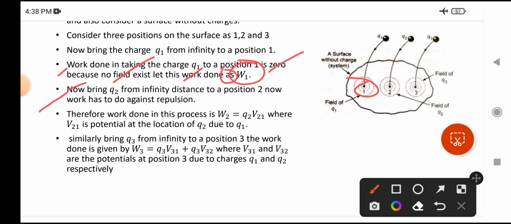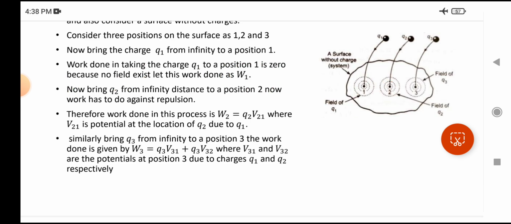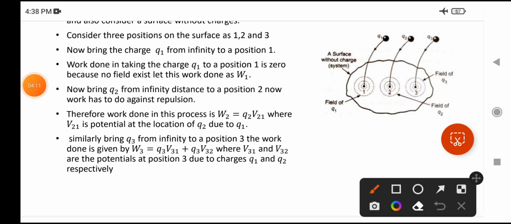Next, bring the charge q2 from infinity distance to position 2. Now work has to be done against repulsion. Why? Because we already kept charge 1 here. If you bring the second charge, it may be repelled because of this first charge.